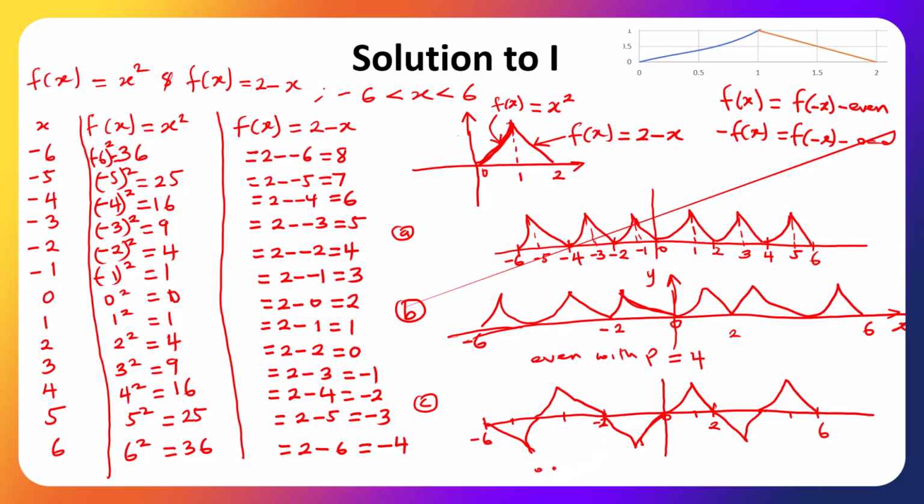So this is a plot for odd with p equals 4. Of course, we say this is odd, that is when f of minus x is equal to minus f of x. And that comes to the end of example 1.